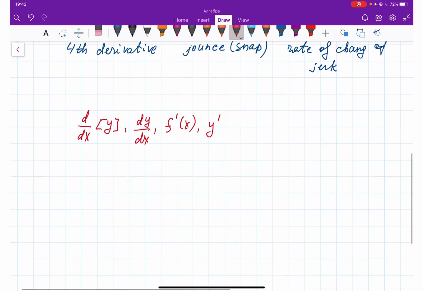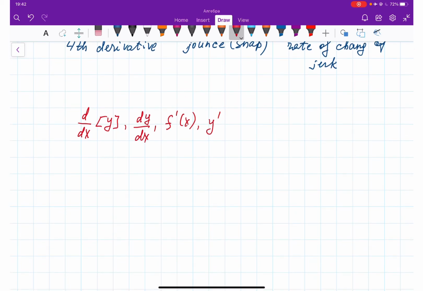Okay? So either one, they are interchangeable. The meaning is absolutely the same. It's just that in some cases it's more convenient to use one notation, and in another case it's convenient to use another notation.